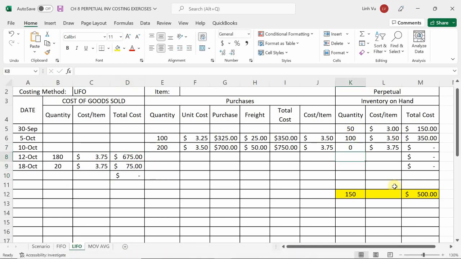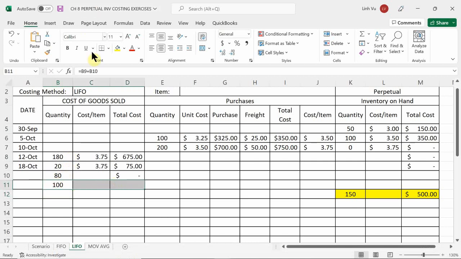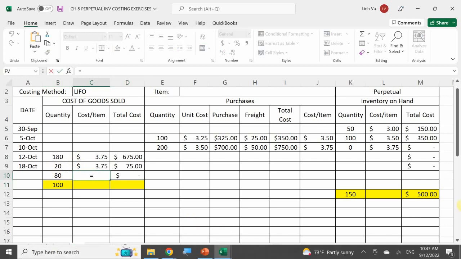Which batch of inventory am I going to dip into next? The 100. How many am I going to take from there? 80, good. So this is our calculation here, to make sure that we are selling a total of 100 units. What is my current cost per item for the second batch? $3.50.